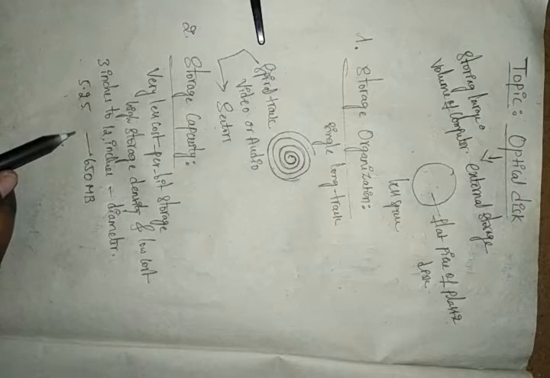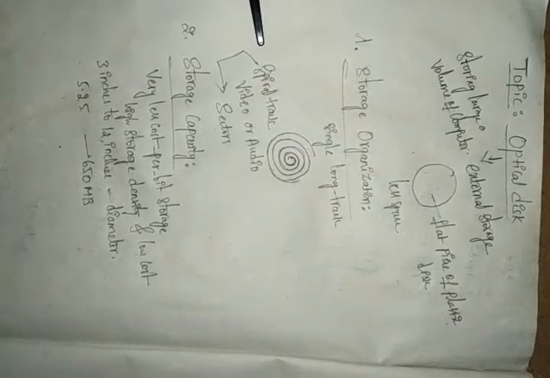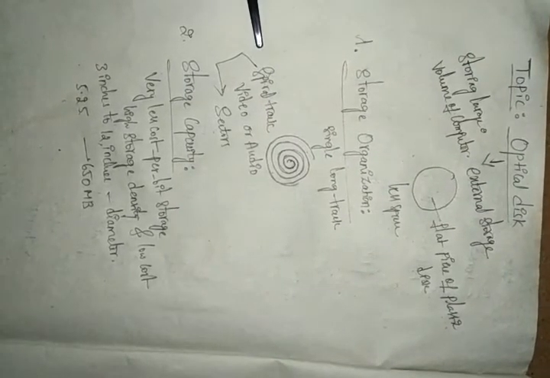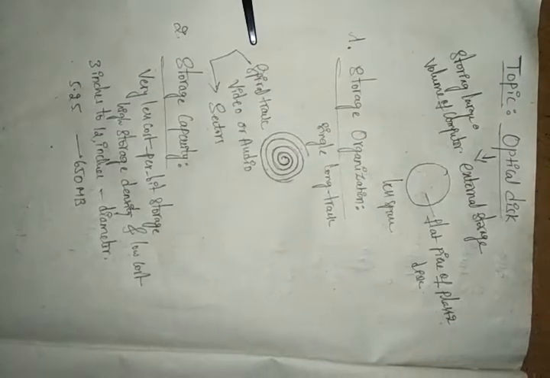The storage capacity of an optical disc is the product of the number of sectors and the number of bytes per sector.